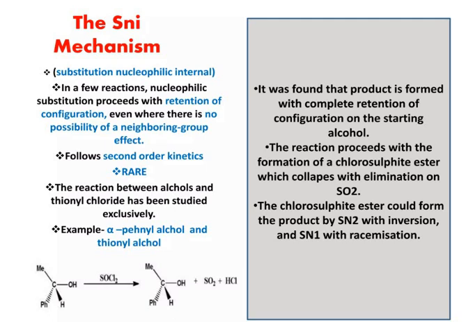It was found that the product is formed with complete retention of configuration of the starting alcohol. The reaction proceeds with formation of chlorosulfite ester, which collapses with elimination of sulfur dioxide. The chlorosulfite ester could form the product by SN2 with inversion and SN1 with racemization.